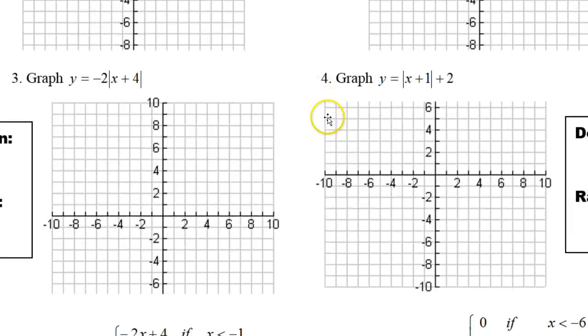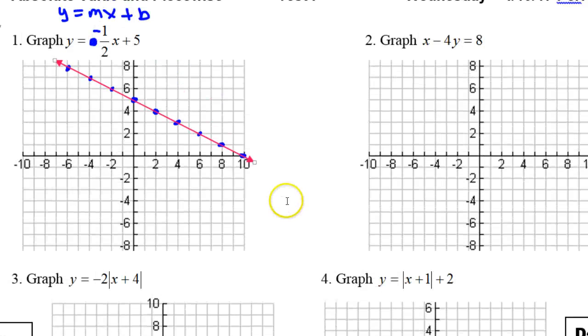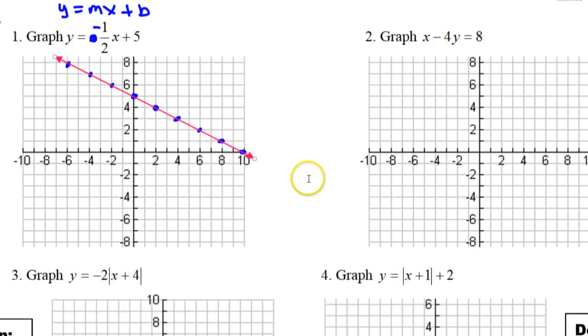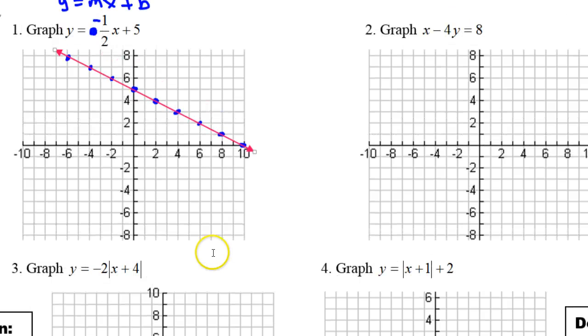When we ultimately graph number 3 and number 4, these will not be straight lines. These will be some sort of a V shape. So that's really what's going on here. I'm trying to compare and contrast what it looks like when you have a regular linear equation, so you get a straight line, versus an absolute value equation, which will form a V.